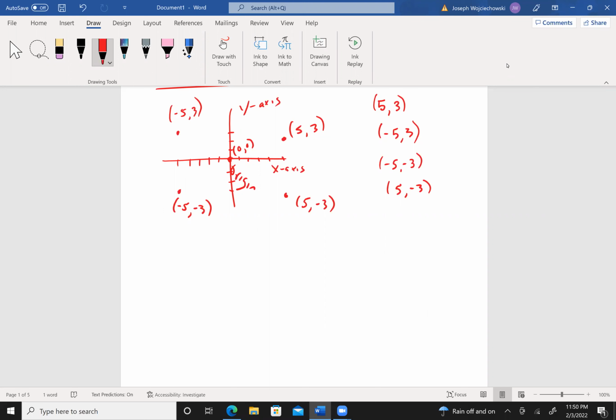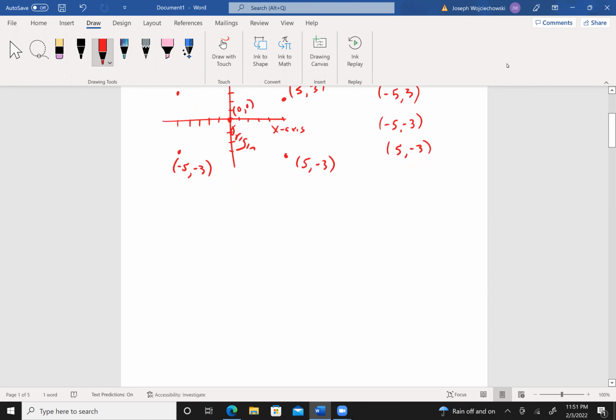So now we're going to pick a set of points. Say the points (-1, 4) and (3, -6).